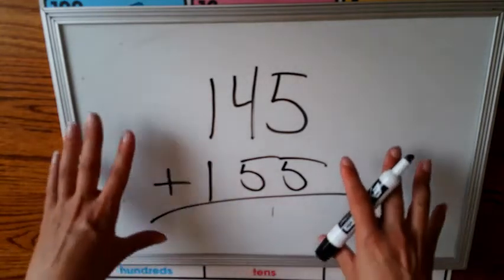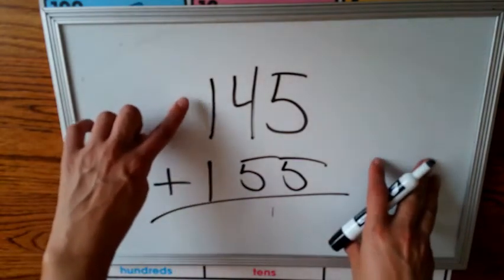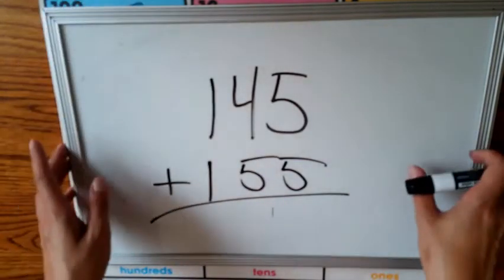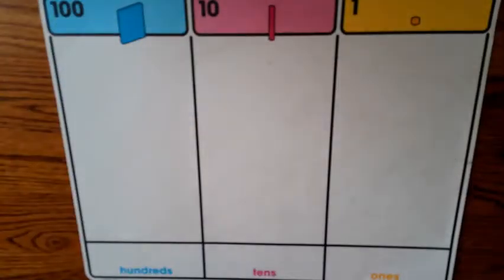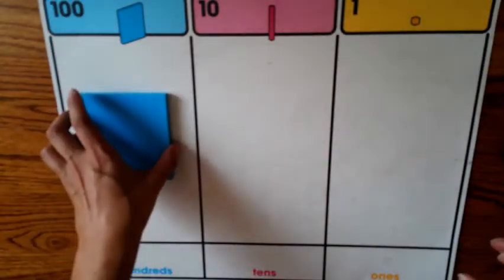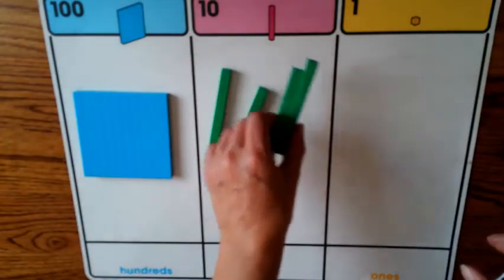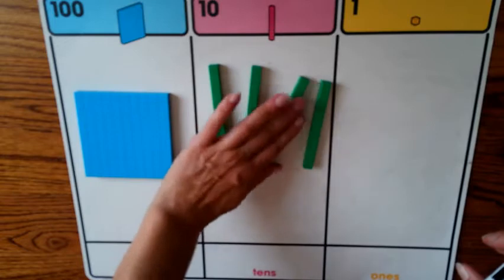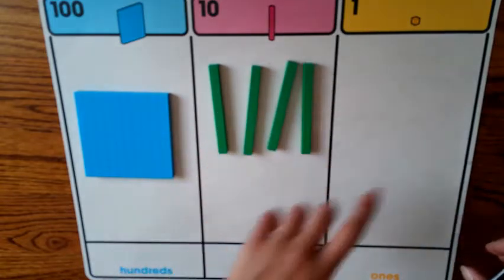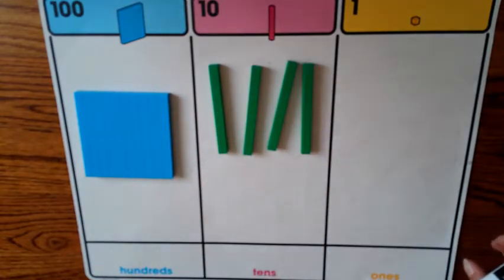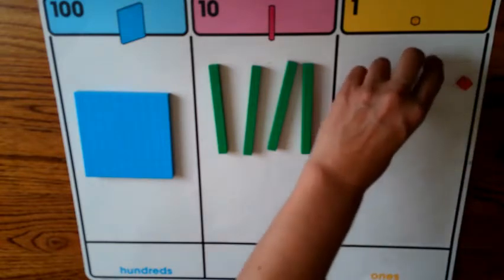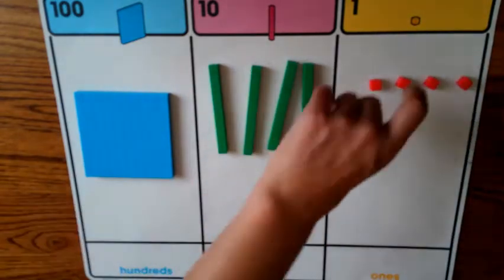Okay, the first thing I need to do is build the number 145 on my place value chart. So here we go. I need 100. I need 4 tens: 1, 2, 3, 4. And then I need 5 ones: 1, 2, 3, 4, and 5.